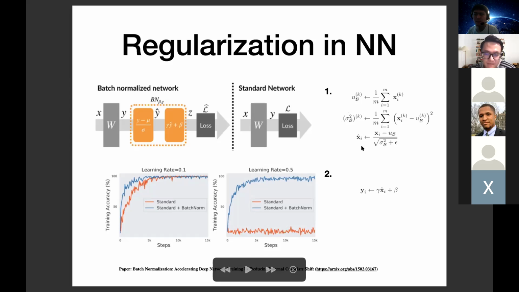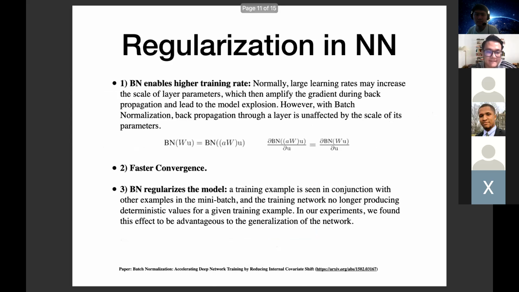This is the formula for batch norm. Batch norm lets you use a higher learning rate. With batch normalization, backpropagation through a layer will be very stable, it will get faster convergence, and it will also regularize the model.